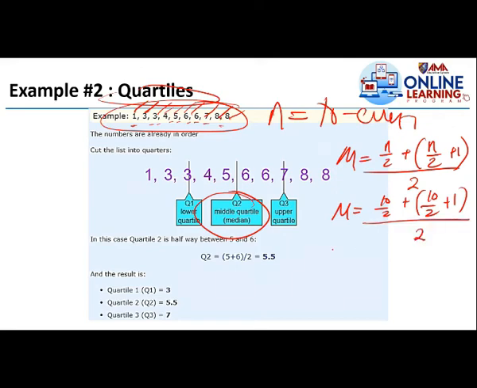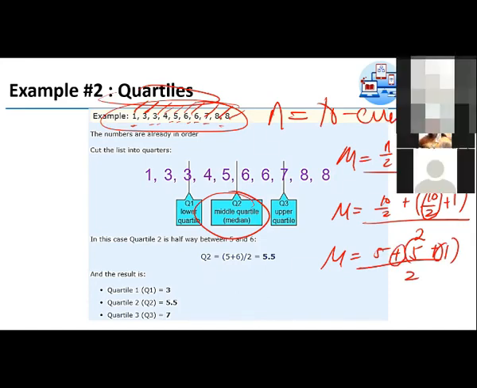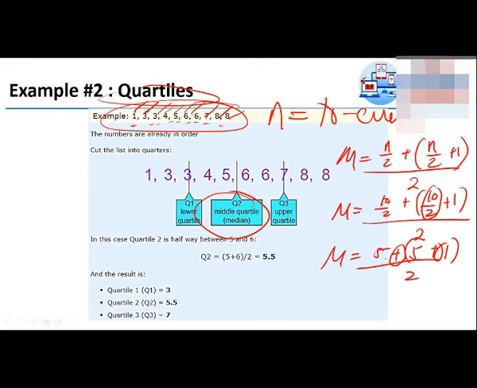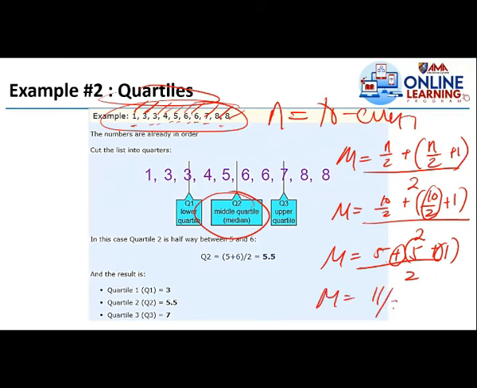So, 10 divided by 2 is 5 plus 5 plus 1, all over 2. Same lang naman sila ng sign, so no need for distributing the sign. Okay? So, this is 5 plus 5 plus 1, that is 11 over 2.